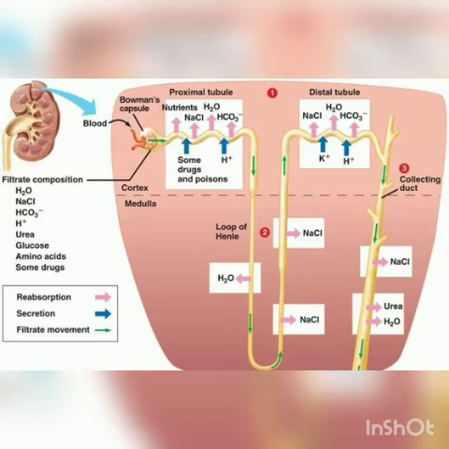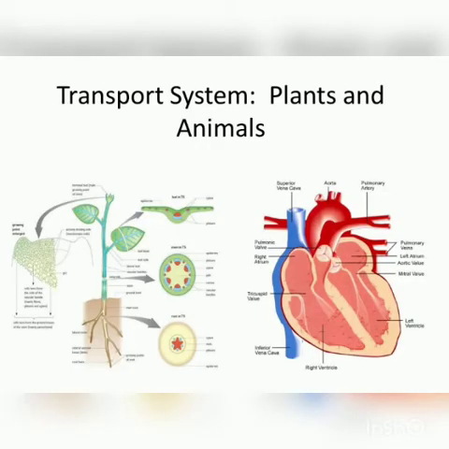Blood comprises plasma, platelets, RBC, and WBC, and the heart is the main organ which is involved in pumping the blood. The RBC is red in color because of the presence of hemoglobin, and our heart beats approximately 70 to 80 times per minute in the case of an adult, which we call the heart rate.